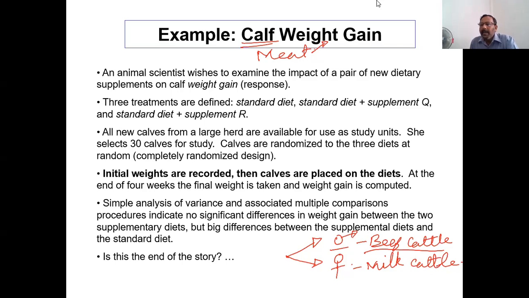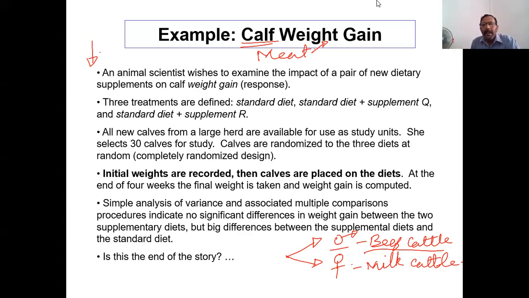We want to increase the milk production, not the weight. But to increase the weight, the management is coupled with the production of beef or meat. So here the story is about meat production, not milk production. Weight gain for calves, small calves. How can we increase the weight?